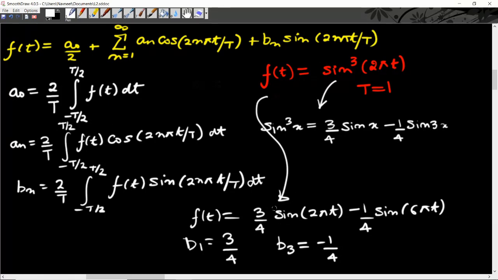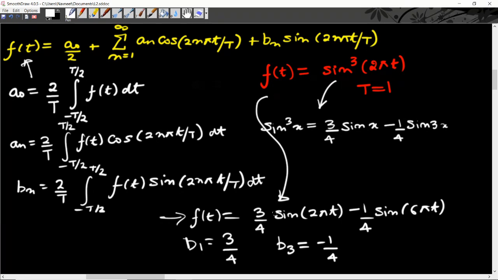If you actually want to use these integrals, what you will see is that if you use this form of the function on the left hand side, and then you multiply both sides of this equation by, let's say, sine 2 pi t, then on the right hand side only one term will remain after integration between minus T by 2 to T by 2, because sine and cosine functions are orthogonal with respect to each other.